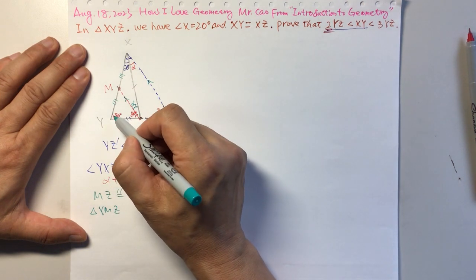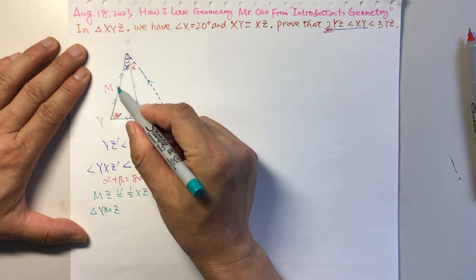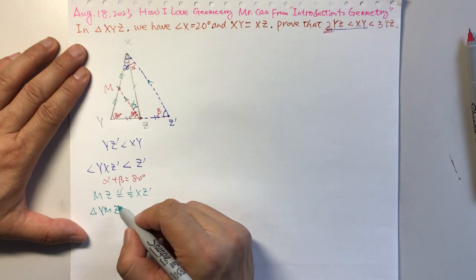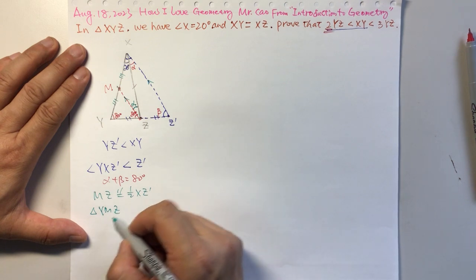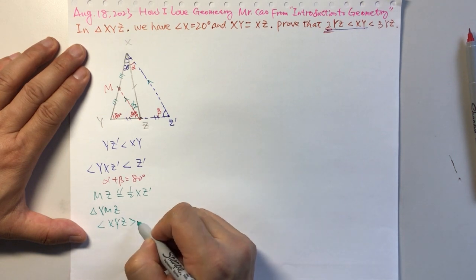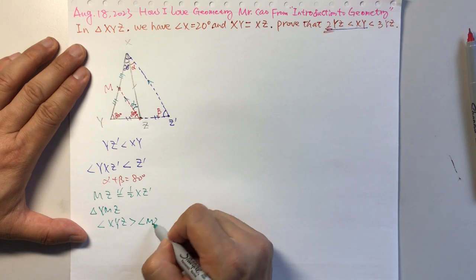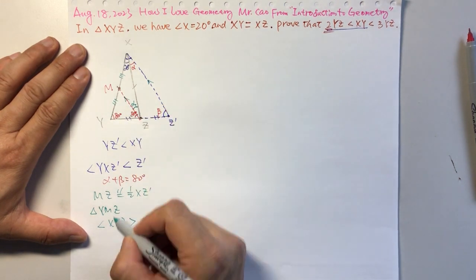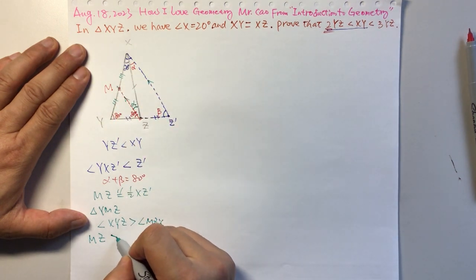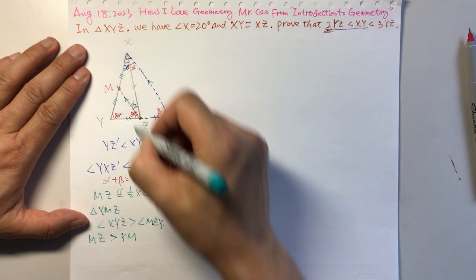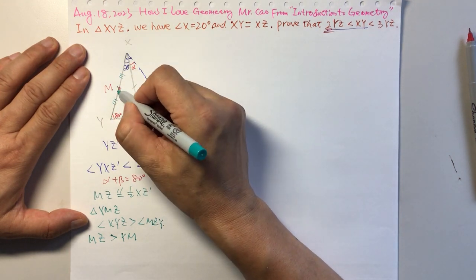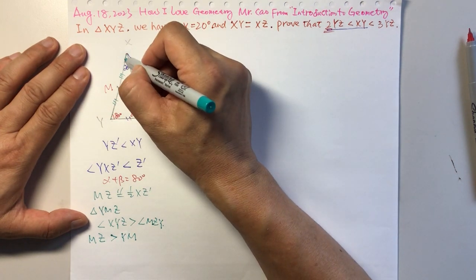This 80 degree angle, angle XYZ, is greater than angle MZY. So MZ is greater than YM, and YM equals XM.